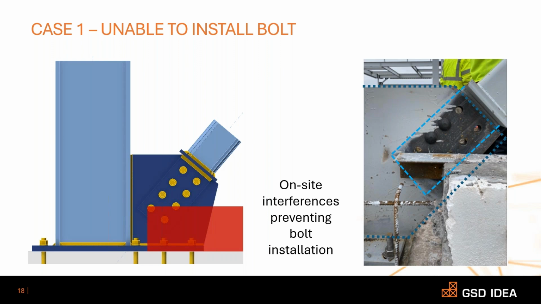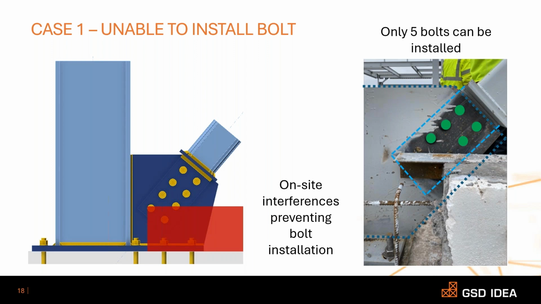So the ideal solution would be to reevaluate the connection as per the exact site condition, checking the connection again based on the existing condition. To do that, let's see some of the design parameters that have to be checked.